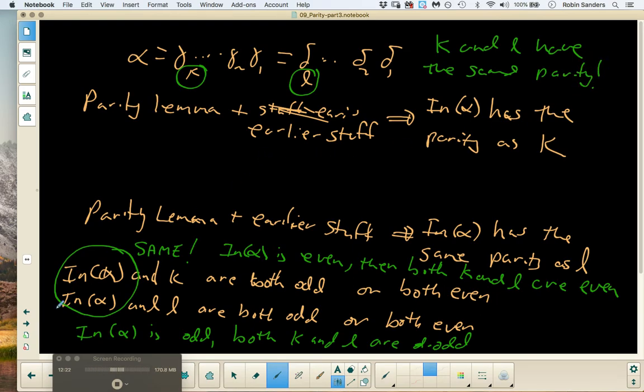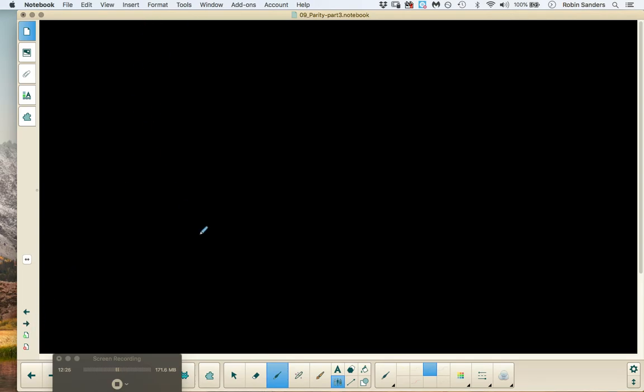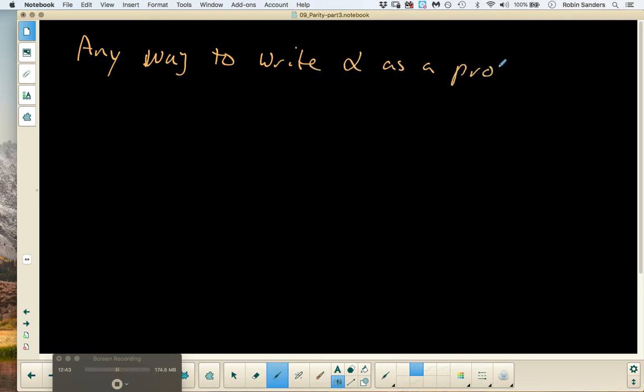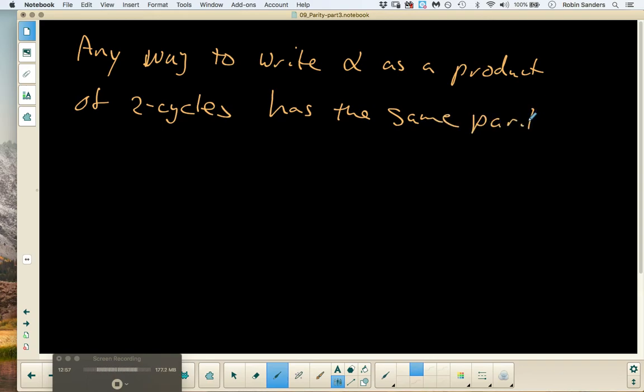And what that means is that any way to write alpha as a product of two cycles has the same parity. Now, what I mean by that is this.